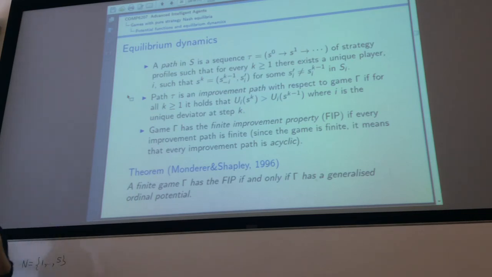We have what is called the finite improvement property, saying that it doesn't matter in which profile you start, doesn't matter in which order you let the agents improve their strategies one by one, you will find a Nash equilibrium eventually. Okay? That's way stronger than just having one. So actually you can just let the agents play almost freely. The only rule you get: act one by one. That's it.